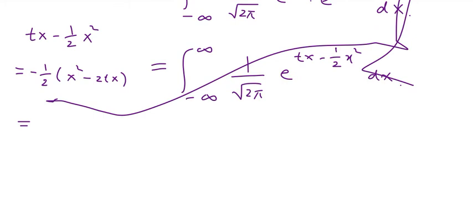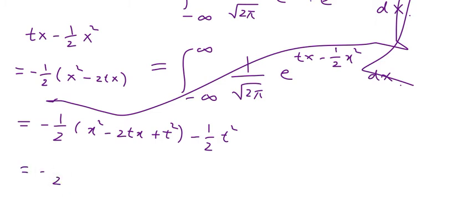So this equals negative half, x squared minus 2tx, so we know plus t squared, right? Then let's make a complete square, so here we minus half t squared. So that's equal to negative half (x minus t) squared minus half t squared.